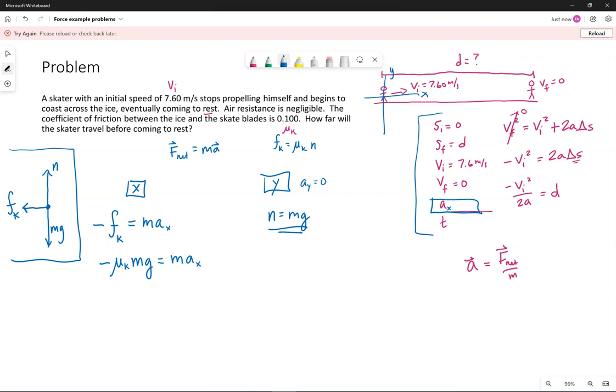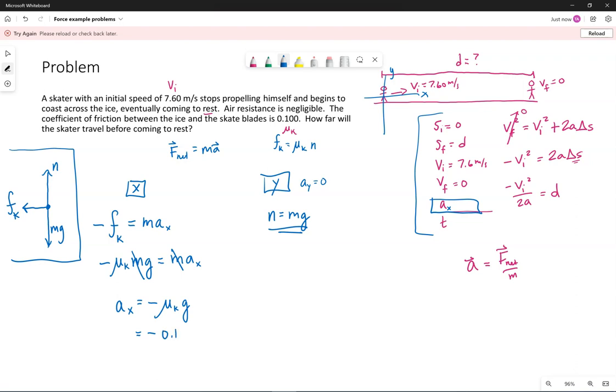This is another situation where they did not give us the mass. But now that we have written the friction force in terms of mu and the normal force, if we divide both terms by m, they cancel. So we don't need to know the mass. This tells me that the acceleration of the skater is negative mu times g. Now again, the negative sign is the direction. It points to the left.